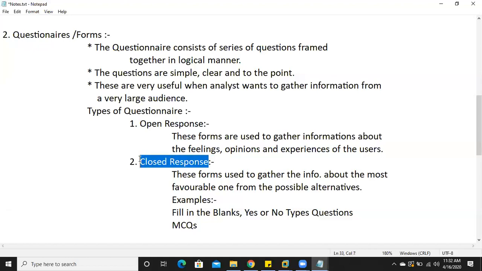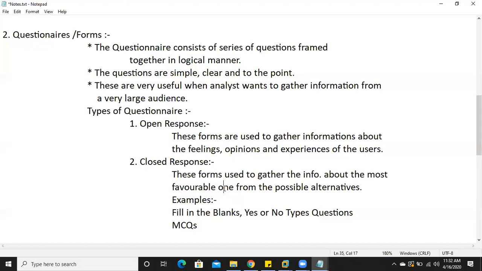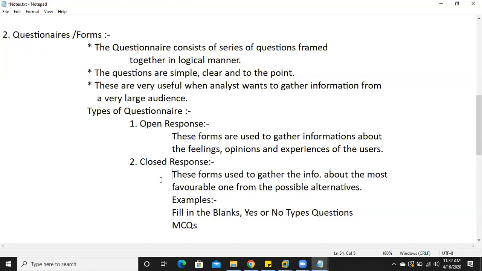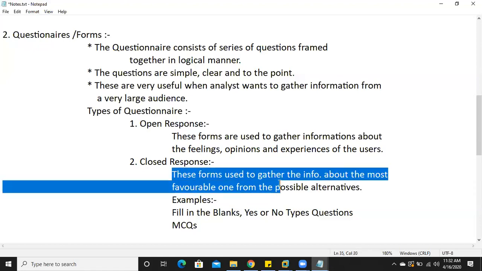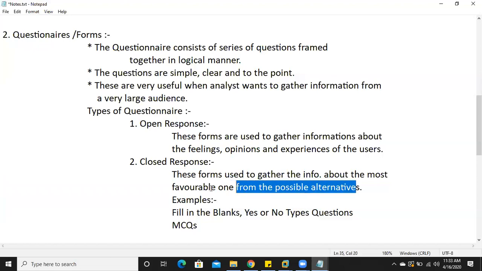With closed response, these forms are basically used to gather information about the most favorable one from the possible alternatives. As we have discussed, there can be different solutions to a particular problem. This type of response is used to gather the most favorable solution from the different alternatives.